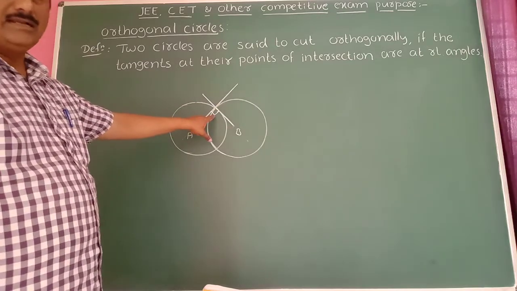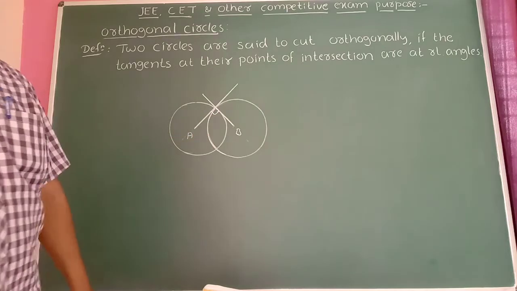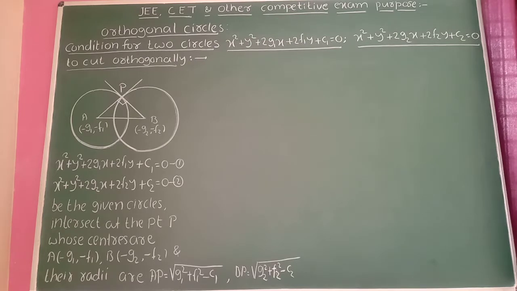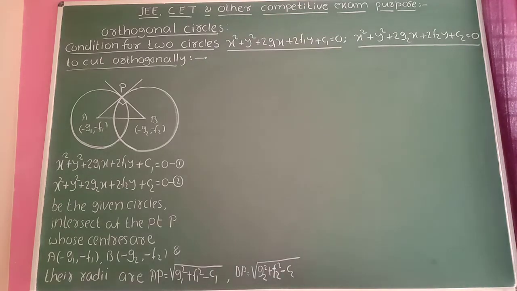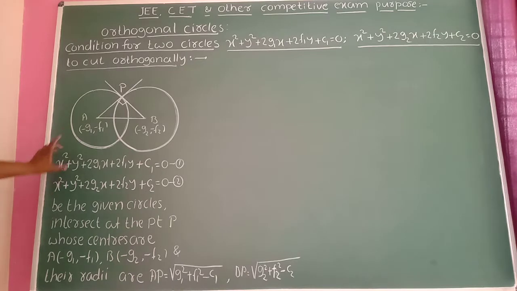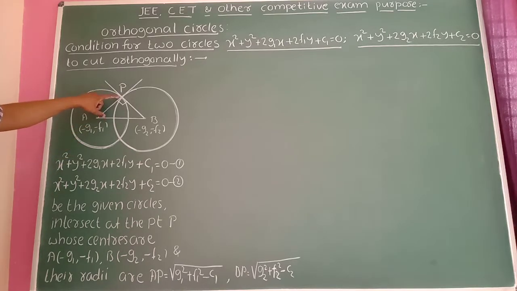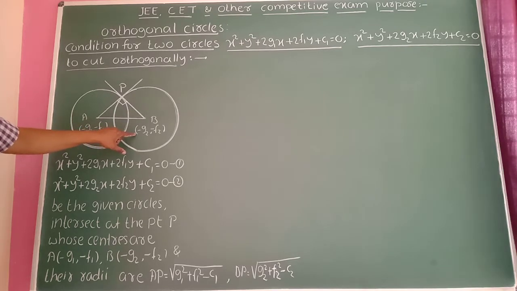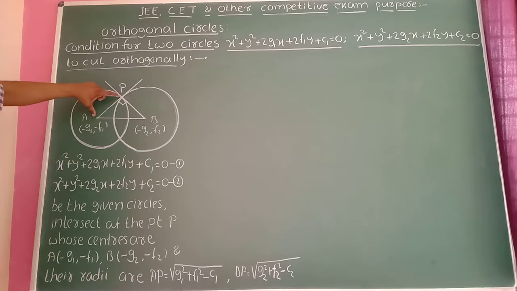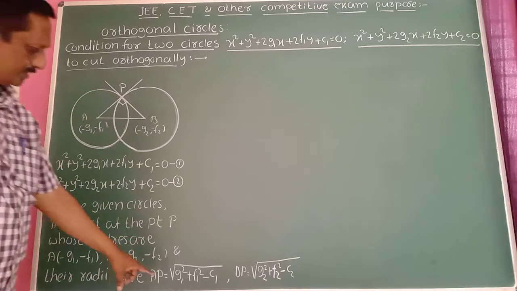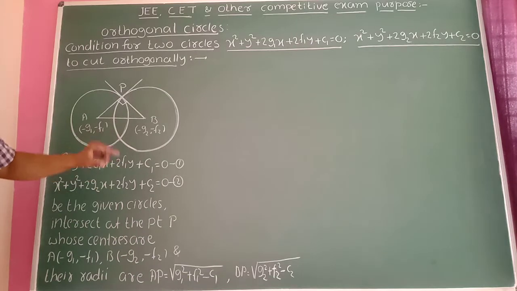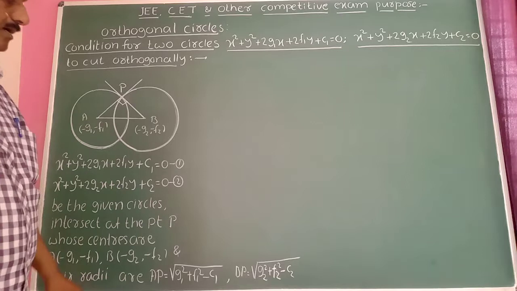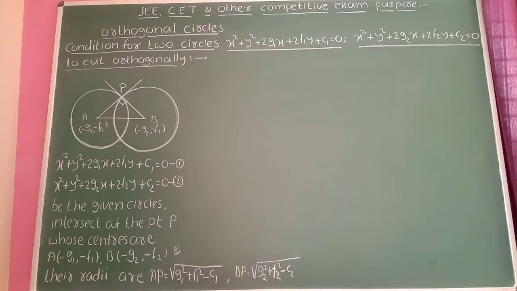This angle is 90 degrees. Here are the two given circles intersecting at the point P, whose centers are A(-g1, -f1) and B(-g2, -f2), and their radii are: AP equals root of g1 square plus f1 square minus c1, and the radius of the second circle BP equals root of g2 square plus f2 square minus c2.